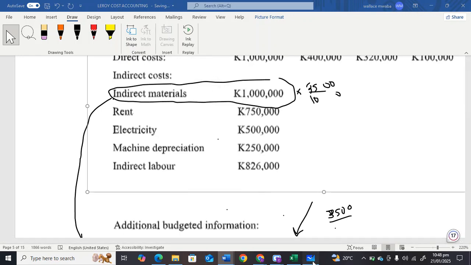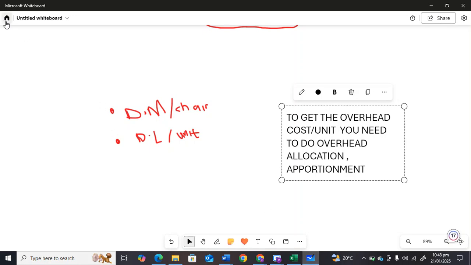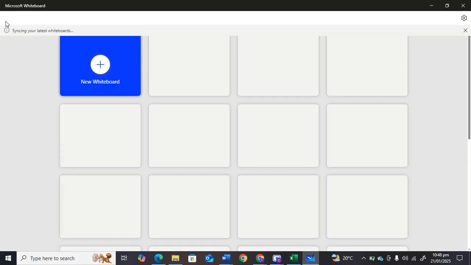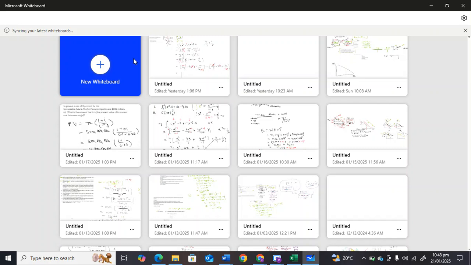Let me take it to the board. At least on the board, I think it will be easier, because on Word, it's giving challenges.